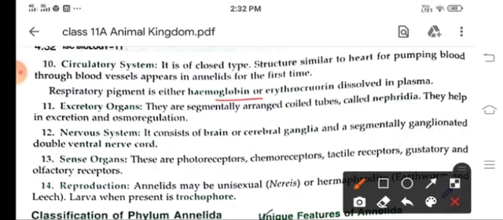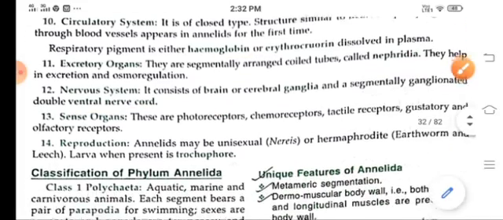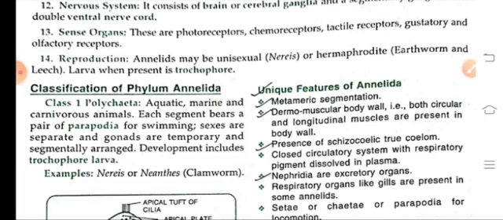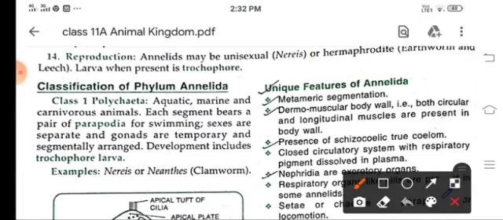Their excretory organs are known as nephridia, and the nervous system consists of the brain, cerebral ganglia and double ventral nerve cord. They have well developed sense organs like photoreceptors, chemoreceptors, tactile receptors, gustatory and olfactory receptors.